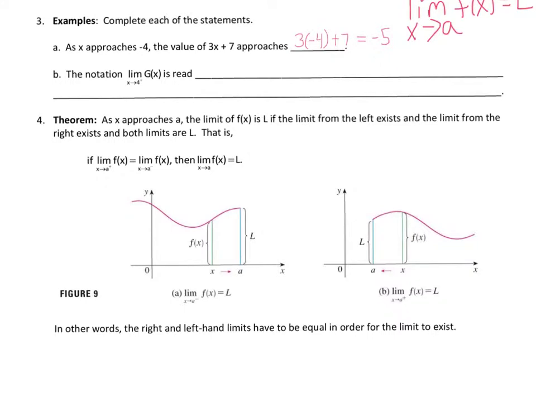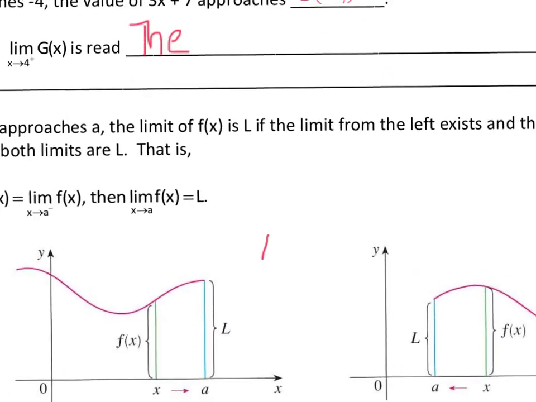And part B says the notation, the limit, well, I won't read it out, is red. Of course we're going to start with the limit. Let's see if I can zoom in here.